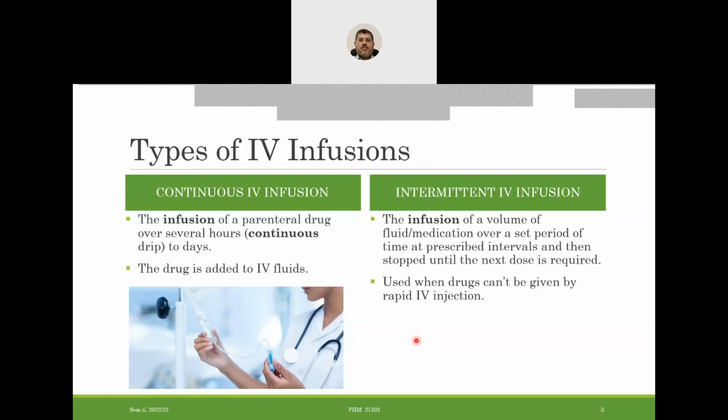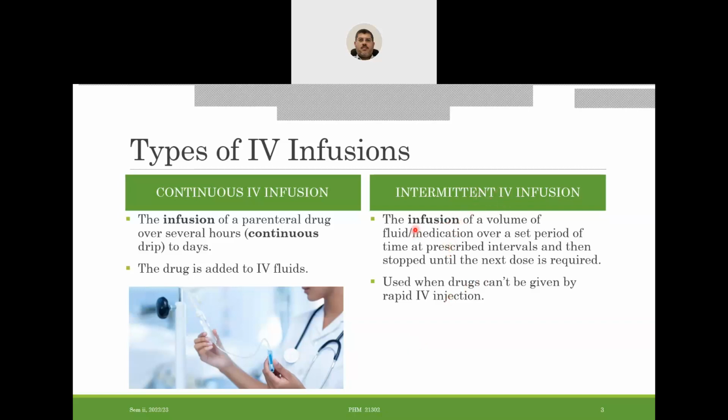Then the drug inside the body will be eliminated gradually until, after probably 8 hours, the concentration is low, and then we need to give another dose. How to give it again? By short infusion, 1 hour time, and so on. We call this intermittent IV infusion.